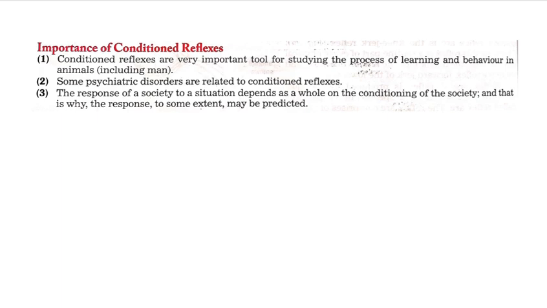Now, what is the importance of conditioned reflexes? They are a very important tool for studying the process of learning and behavior in animals, including man. Some psychiatric disorders are related to conditioned reflexes. The response of a society to a situation depends as a whole on the conditioning of the society, and that is why the response to some extent can be predicted.